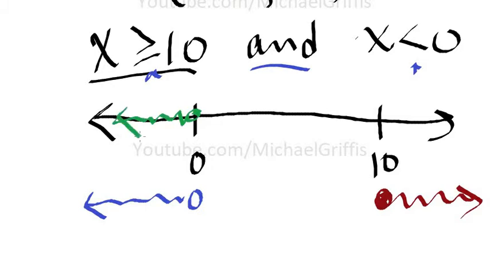It's everything in this direction, with a solid dot because we include it, and everything in that direction. There isn't a number in this interval that satisfies both inequalities. Obviously, 5 is not greater than or equal to 10, and 5 is not less than 0. So that's the reason that's not even included.